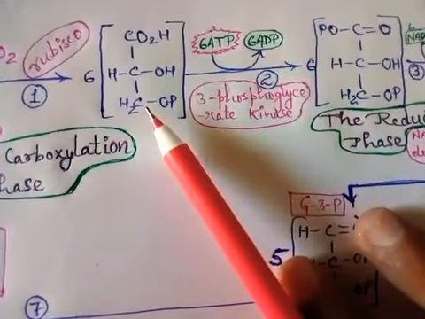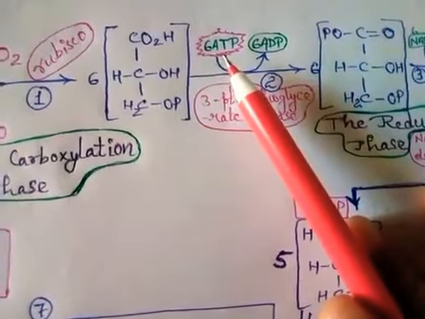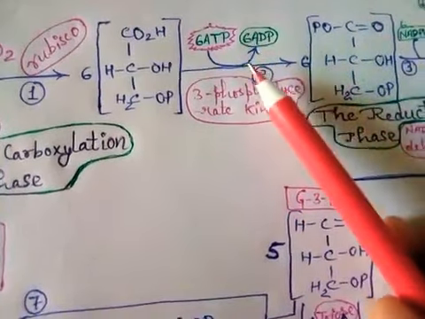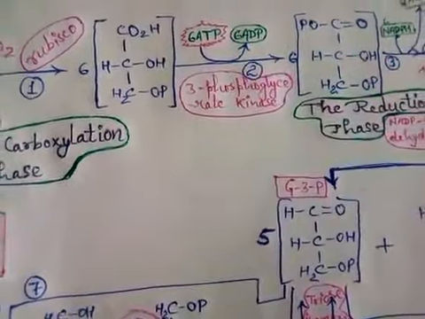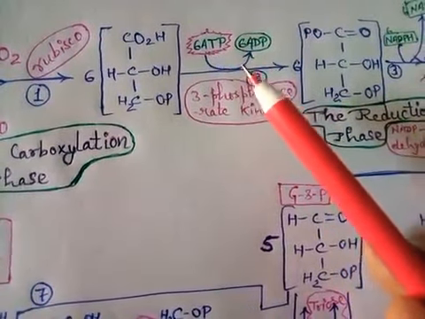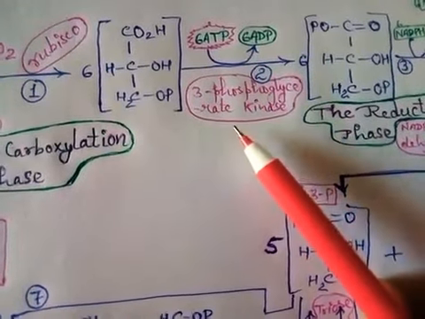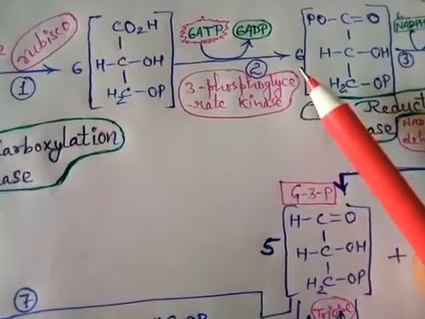6 molecules of 3-phosphoglycerate, at the expenditure of 6 ATP, are converted in the presence of 3-phosphoglycerate kinase into 1,3-bisphosphoglycerate. ATP means energy is utilized in this reduction phase.